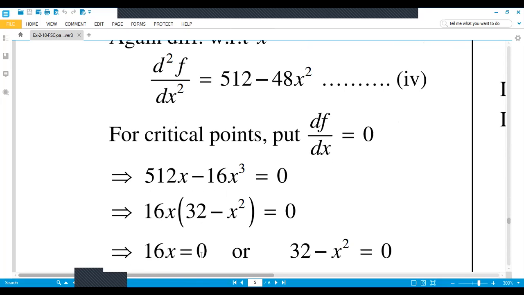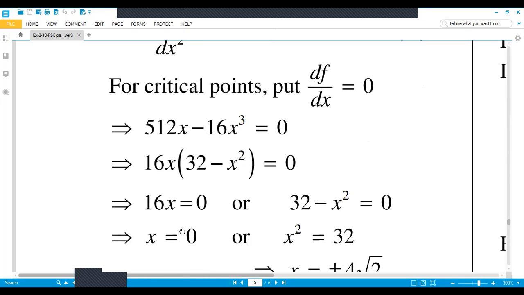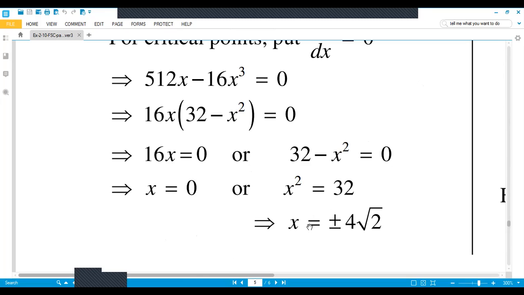So 16x equals 0, or 32 minus x square equals 0. From the first, x equals 0. From the second, x square shifted to the other side gives x square equal to 32. Taking the square root, we get x equal to plus minus 4 under root 2. Now we find the three values of x: plus 4 under root 2, minus 4 under root 2, and 0.